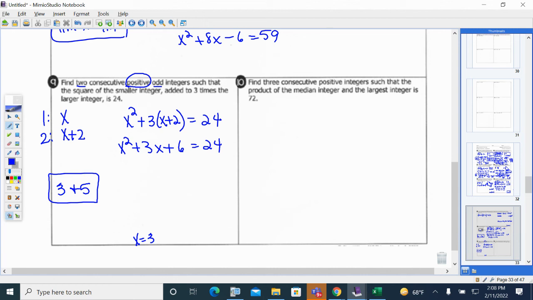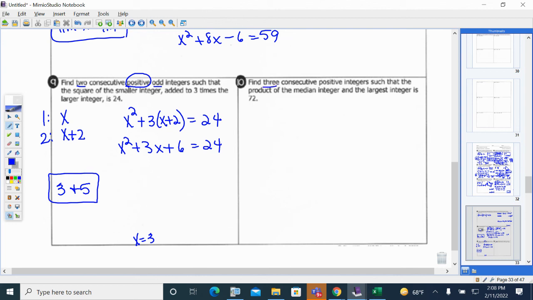Number 10. Find 3 consecutive positive integers such that the product of the median integer and the largest integer is 72. So I need 3 consecutive integers. It doesn't say even, it doesn't say odd. So that's going to be x, x plus 1, x plus 2, x plus 3, x plus 4, and so on.